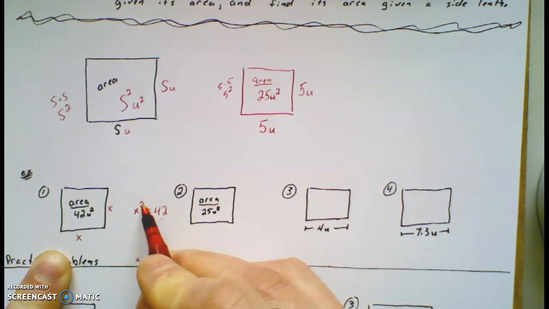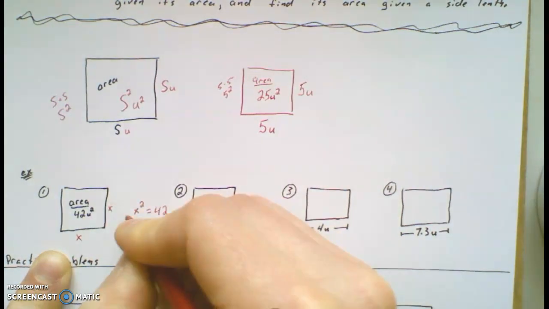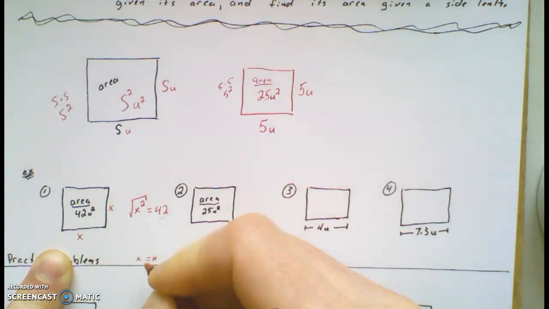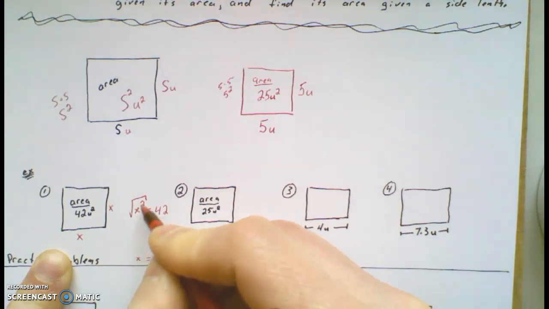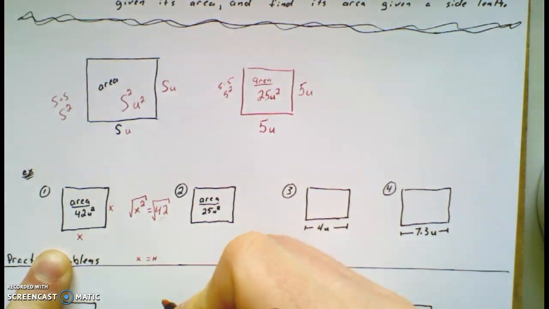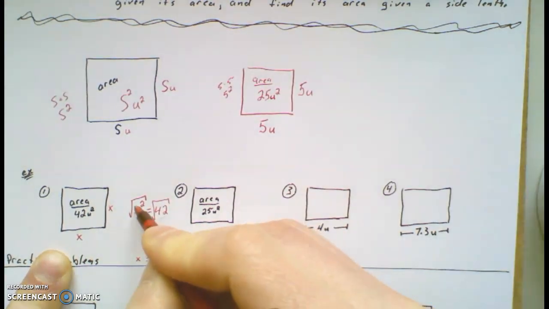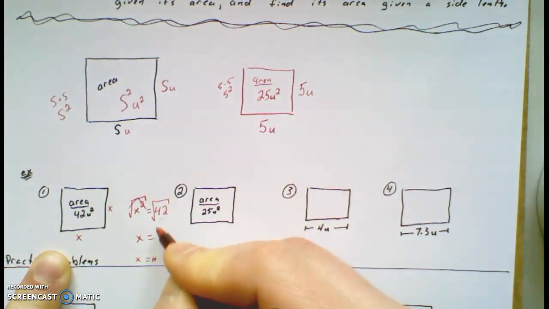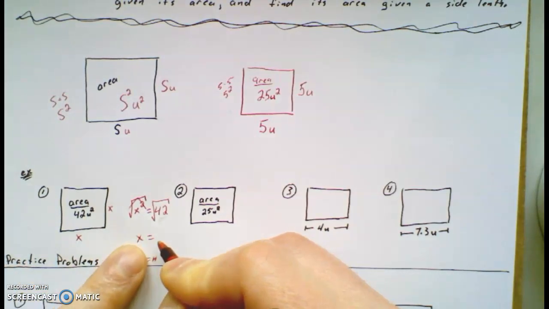The opposite of squaring is square rooting. So to undo this squaring, I'm going to square root. And remember, whatever we do to one side of the equation, we do the same thing to the other side. So here, the square and the square root cancel with each other. Those are gone, leaving me just the x. And then over here, we're just going to clean this up. We're just going to find the square root of 42.